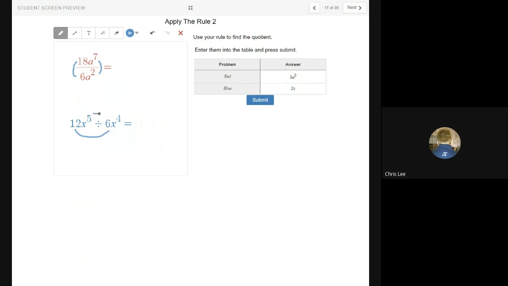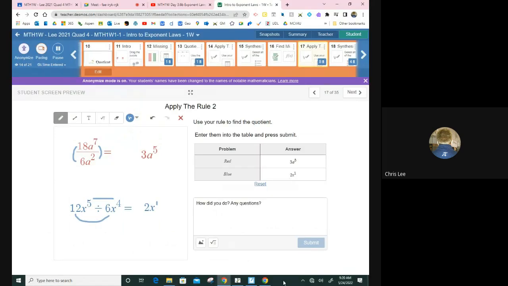X, and then what do I do to the exponents? So x to the power of 1. Now, you could either write x to the power of 1, or you can just write x, because we know that that means x to the power of 1. Good. All right, let's head up to the whiteboards.